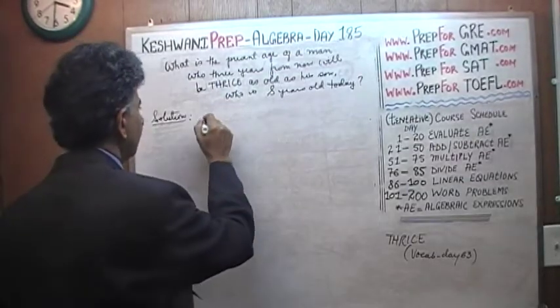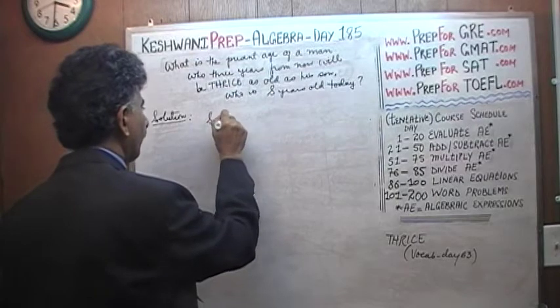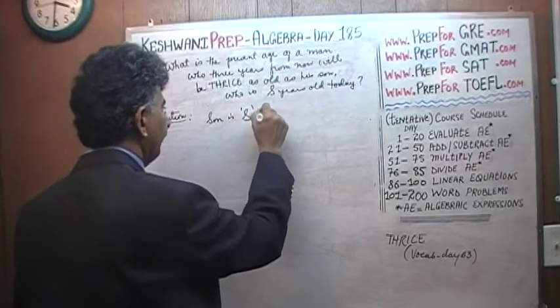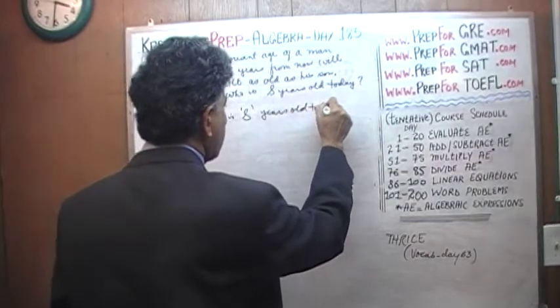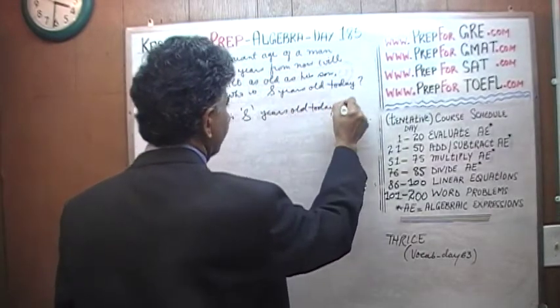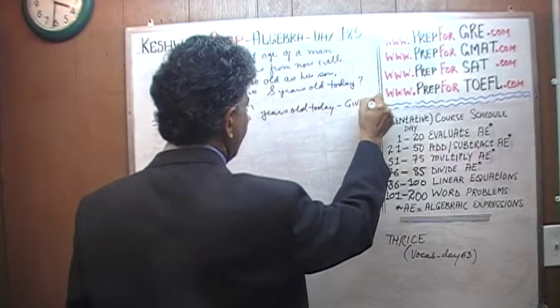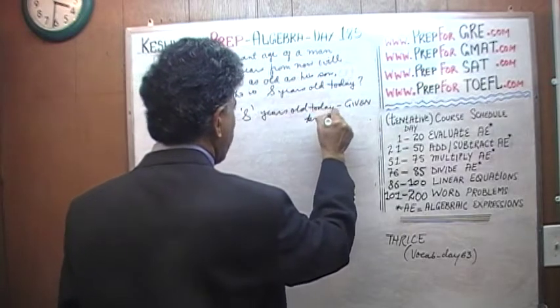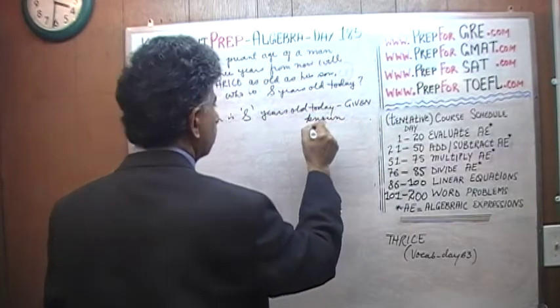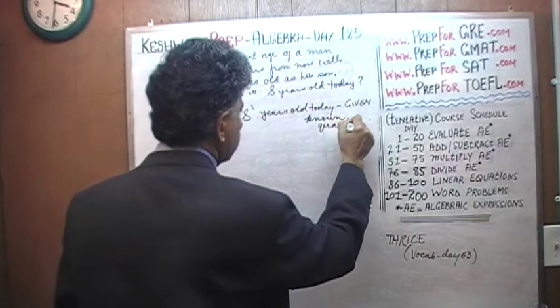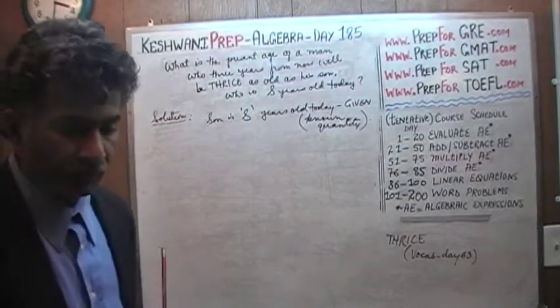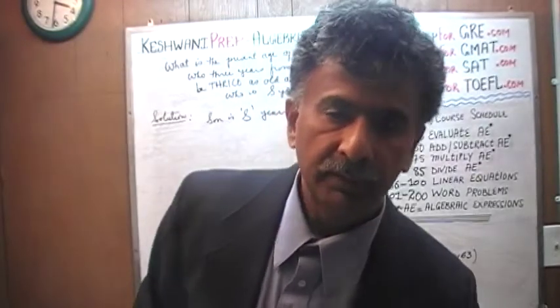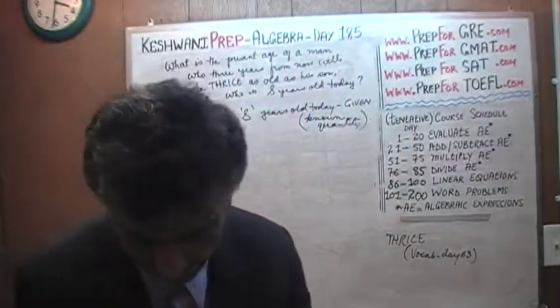Son is S years old today. This is a known quantity. The unknown here is the father's age.